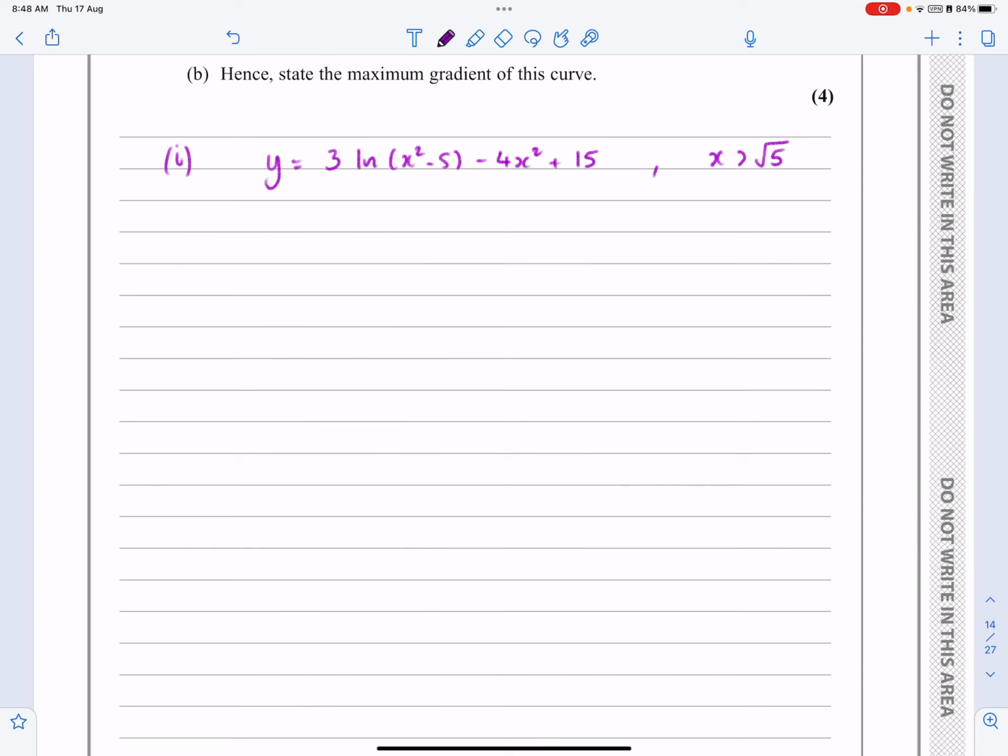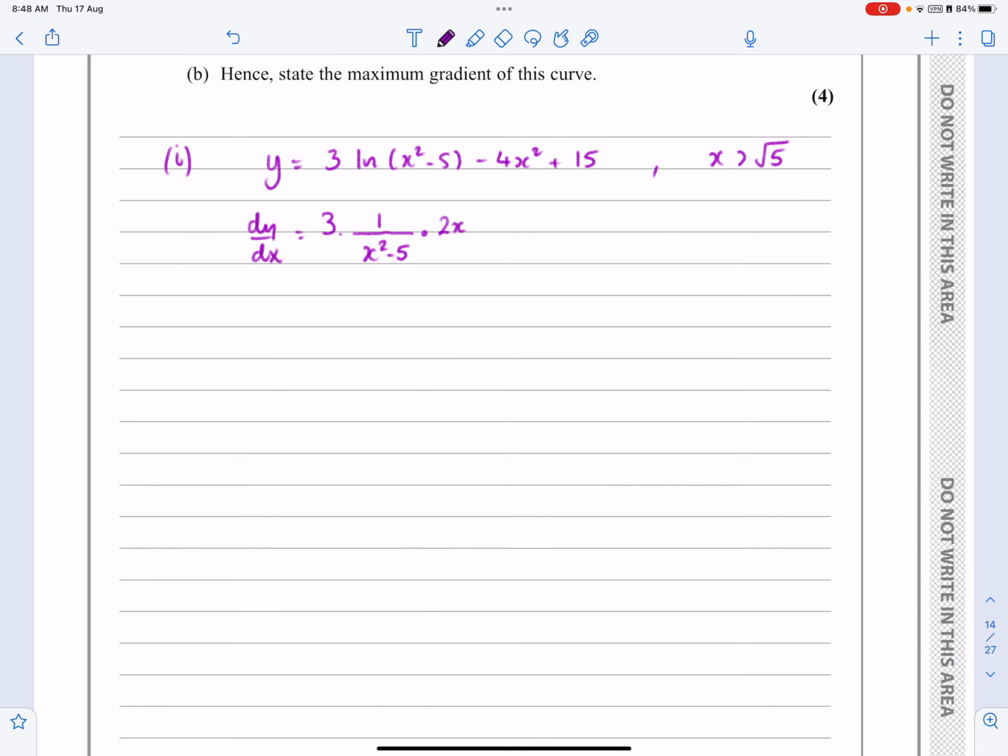So first thing to do is to differentiate. Dy by dx is equal to, how do we differentiate a log? A log is 1 over x squared minus 5. We've got 3 lots of the log, so it's 3, 1 over x squared minus 5 multiplied by the differential of what's in there, and the differential of what's in there is 2x.